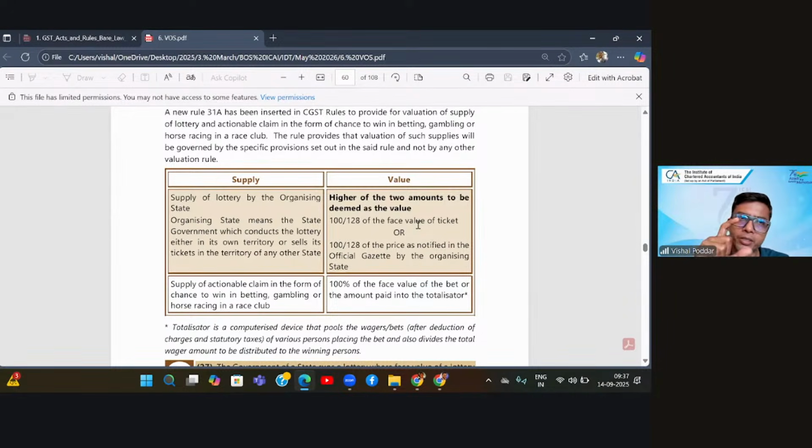Now it is assumed that this 500 is including GST. So how do we make back calculation? The same thing will apply over here. 500 divided by 128 because we are assuming 28% GST is included in the 128. This will give you the taxable value by back calculation, or 100 upon 128 of the price as notified in the official gazette. So either the price is the face value of the lottery ticket, or if there is any price notified.